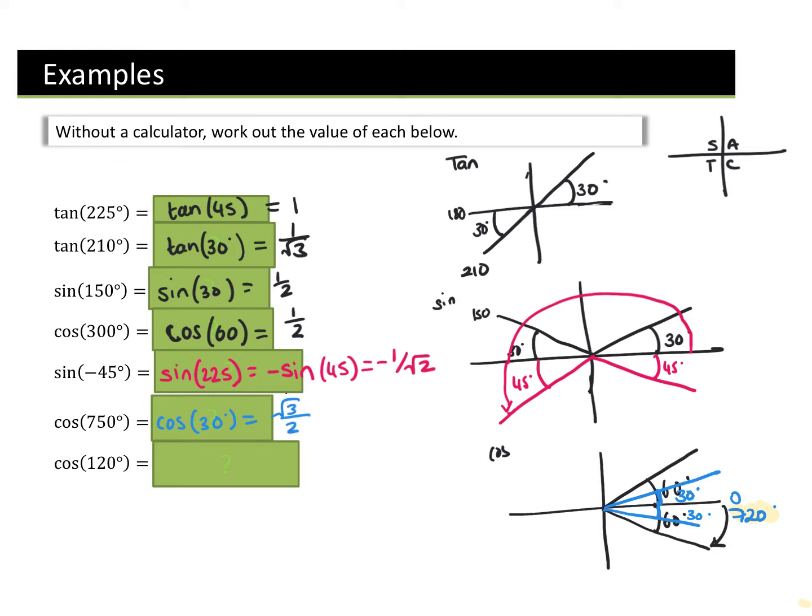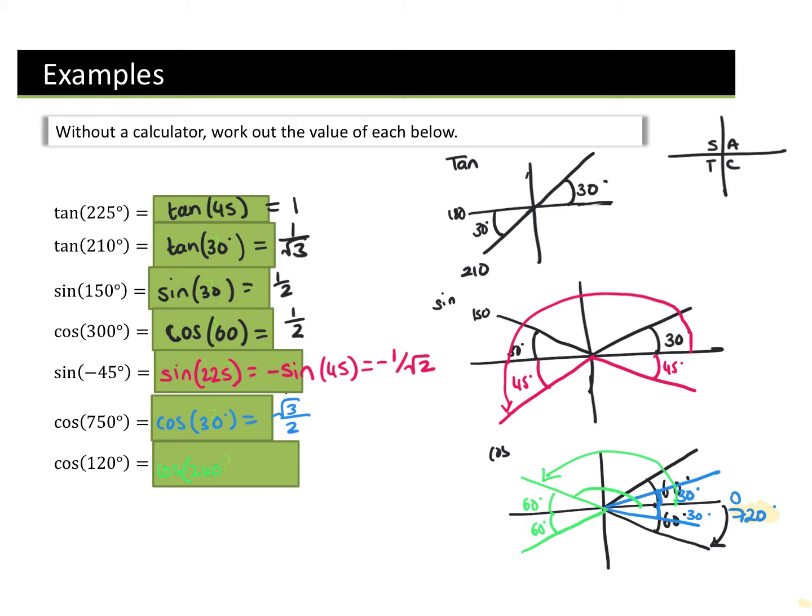And then lastly with cos, I've got cos of 120 degrees. If I go from 0 all the way round, this is about 120. This would mean this is 60 degrees. Again, I reflect it in the horizontal line, 60 degrees. So this is the same as 120, go all the way round, or this is going to give me cos of 240 degrees.